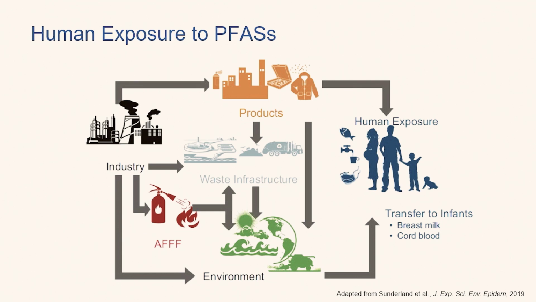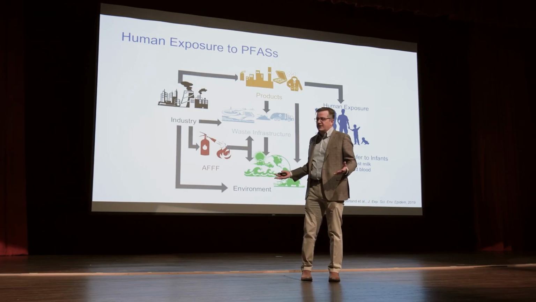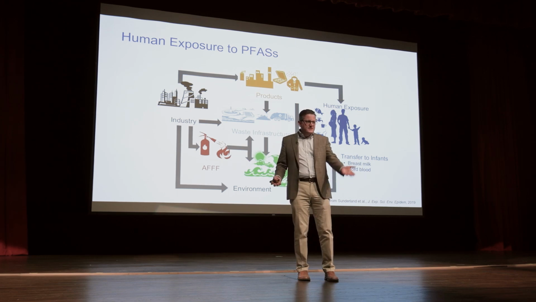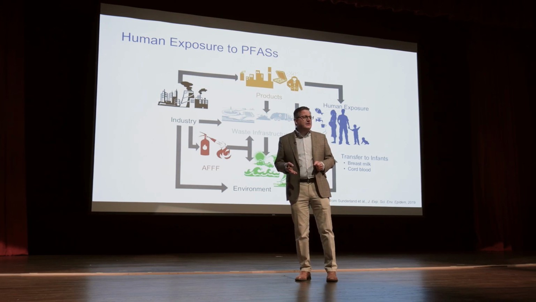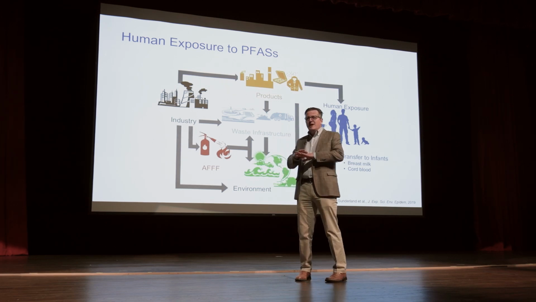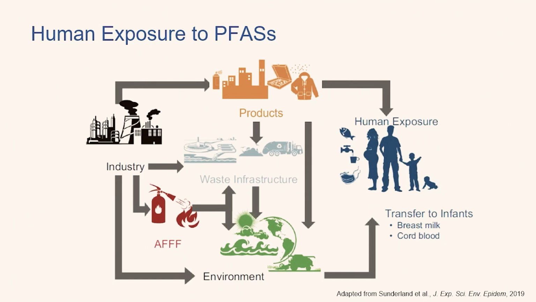I can drink a glass of water that has these compounds in it. I can breathe in air in a carpeted environment, perhaps one that the precursors are emitted from because they were used on some of the carpets. I can eat fish or eat eggs or drink milk that contain these compounds. Some of them even can get into crops, and you have to be concerned about some of them being present in food crops. So the way that these compounds go in the environment can result in all sorts of different routes of exposure to humans.